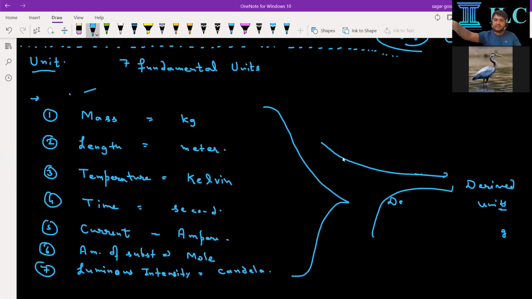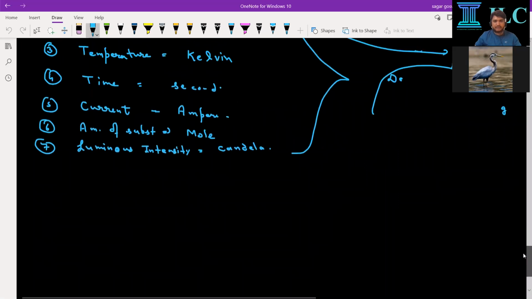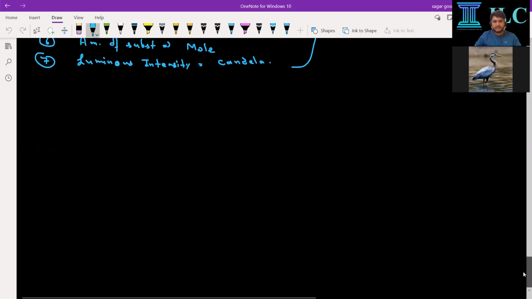From the fundamental we can derive so many things, like velocity, which is displacement upon time. Displacement means length, time means second, so again it comes from the fundamental. Whatever comes from the fundamental is considered a derived unit. These are the seven fundamental ones, and you have to remember the units as well.